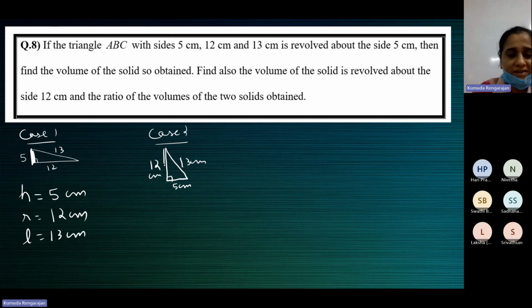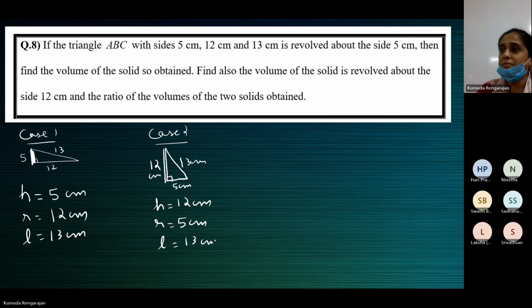In the second case, you're turning the triangle about the side 12 centimeters. So what is the height? 12 centimeters. What is the radius? 5 centimeters. And what's the slant height? 13 centimeters. So can't we find the volume of the cone here? 1/3 pi r square h.